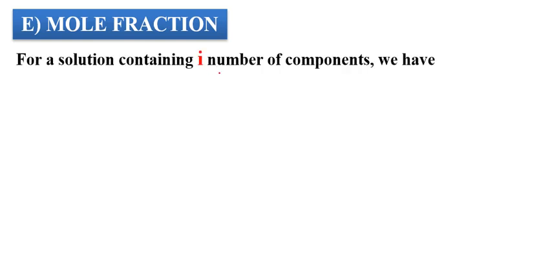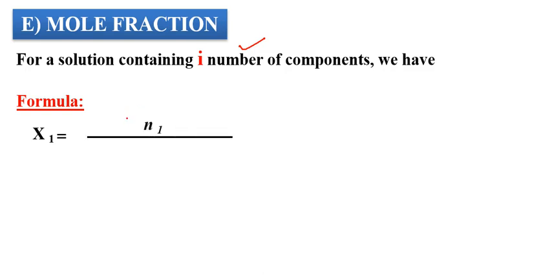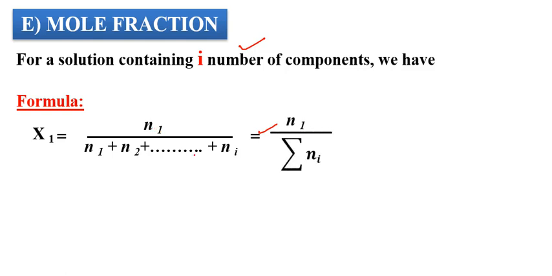For example, for a solution containing i number of components, we have x1 equals n1 by n1 plus n2 plus dash dash dash ni. Then n1 by sigma ni, we can also write.